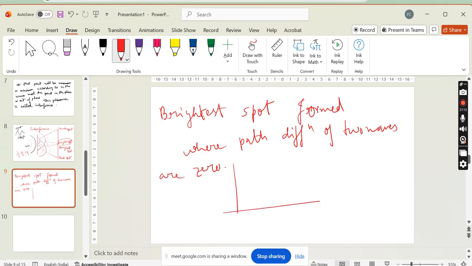And we will get the intensity as a function of path difference like this.